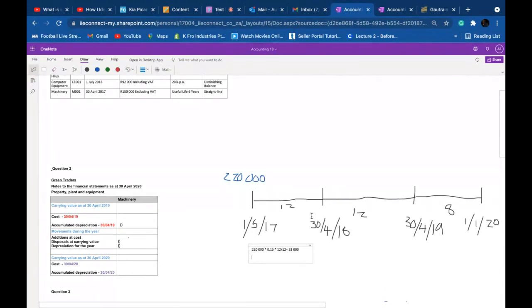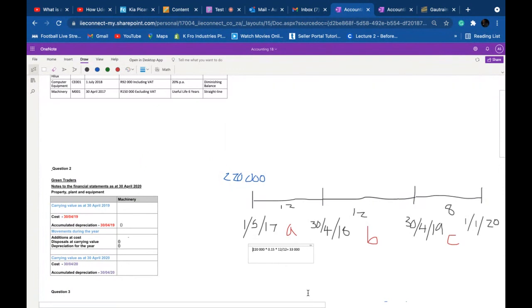Okay. So remember, it's straight line. So we're getting 33,000 here, over here, and here, in both A and B. I can actually quickly just label these as A, B, and C. Okay, so let's go back.